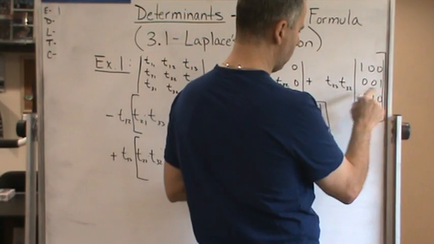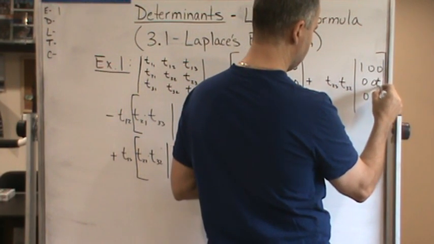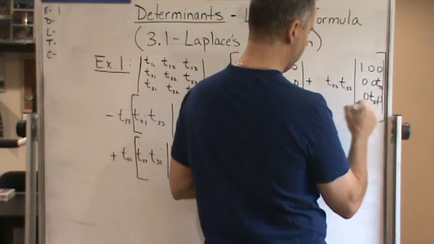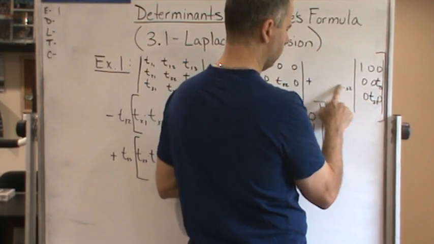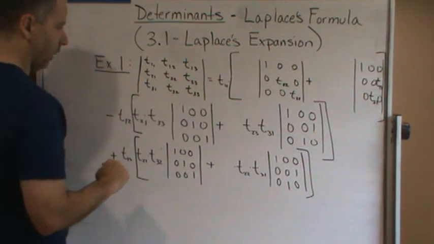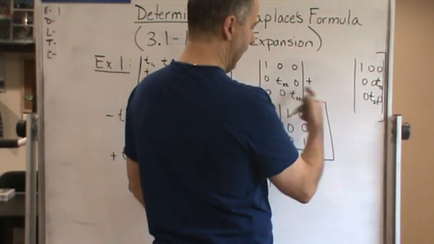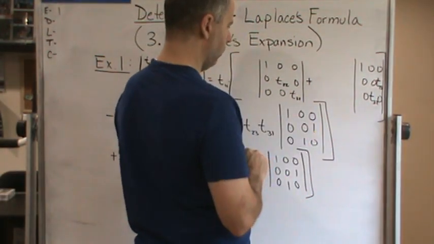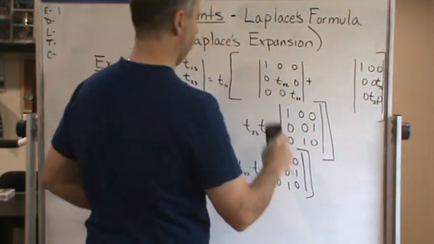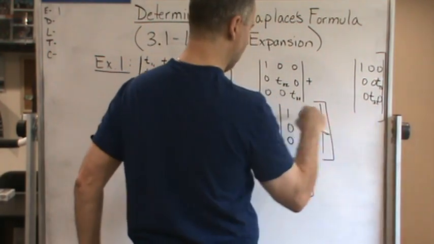Okay, and then we do the same thing over here. We're going to get T23 and T32 here. And now if we add these determinants, what do we get? We get, well, I'll collapse this one here.